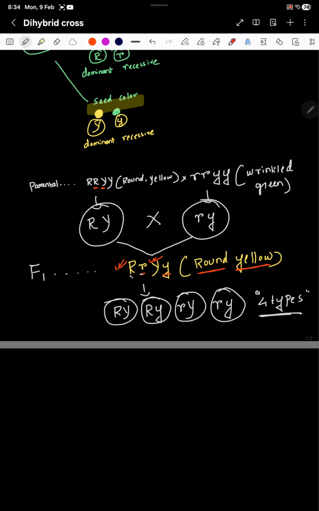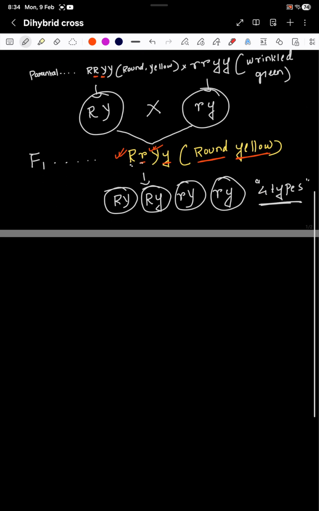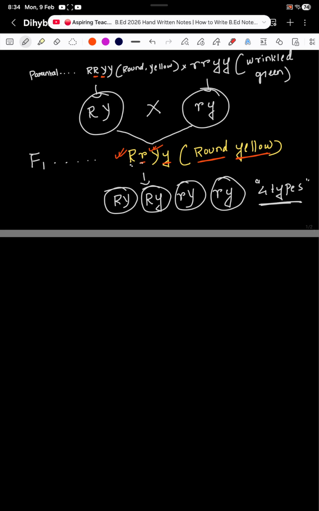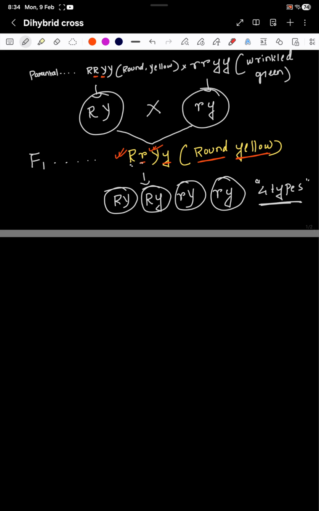So now what will happen? We will have to draw a Punnett square for the F2 generation. Let's see what happens. Let's draw the Punnett square.